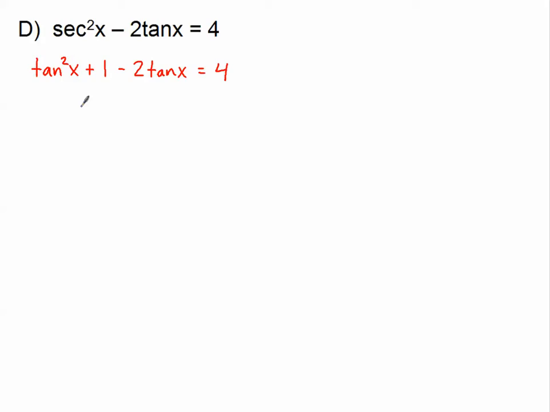So let's get everything equal to 0. I'm going to subtract the 4, put it underneath its like term, and I'm going to put the terms in order. I'll get the tangent squared term first, then I'll put my negative 2 tangent, then 1 minus 4 is negative 3, all set equal to 0 so that I can factor.